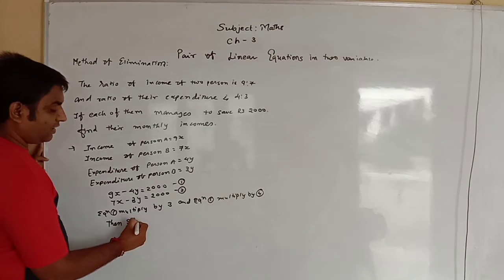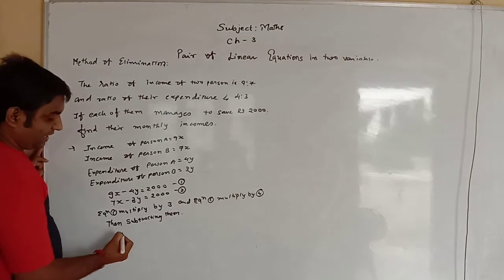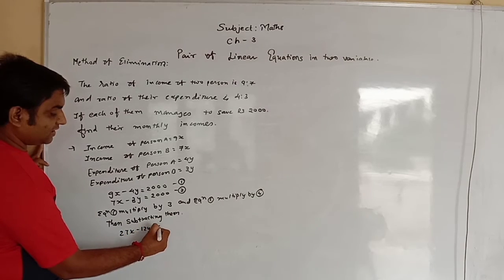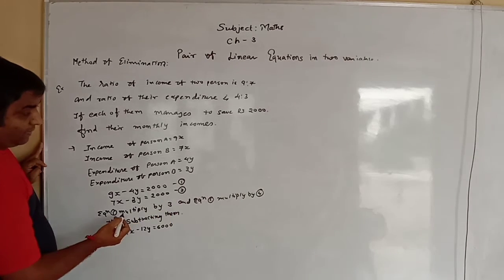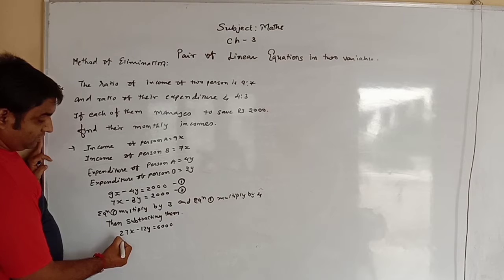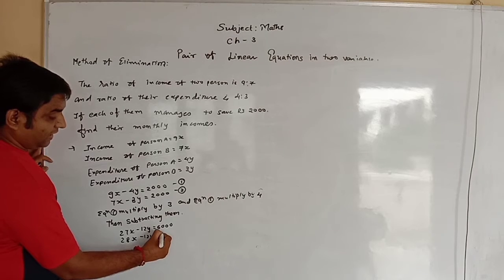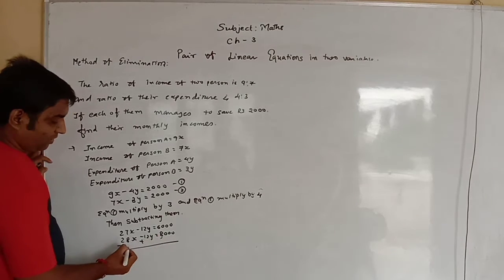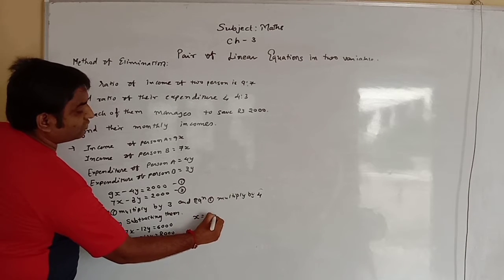Subtracting them, we can write 3 9s are 27x, 3 4s are 12y, 3 2s are 6000, and here multiplying by 4, 28x minus 12y equals 4 2s are 8000. For subtraction we change the sign and it becomes minus x equals minus 2000, and so x equals 2000.